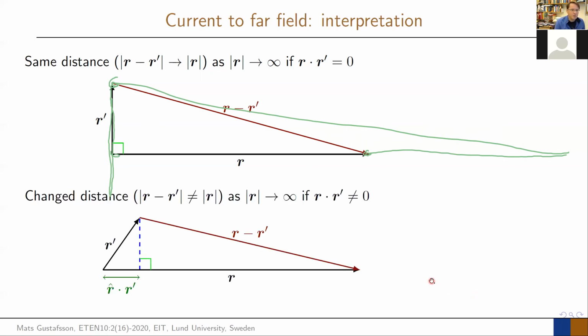But when I put a slope on it instead, I still go in this direction. Then, of course, the point that sits upside here is always a little bit closer to my receiver point that sits there. And that means that the signal transmitted from this point reaches that point slightly before the signal that's transmitted from here.